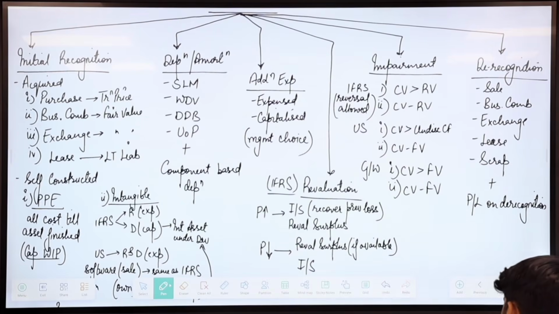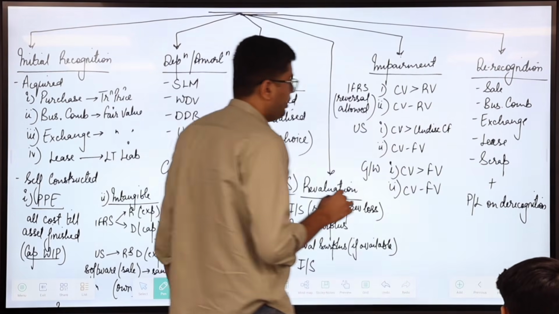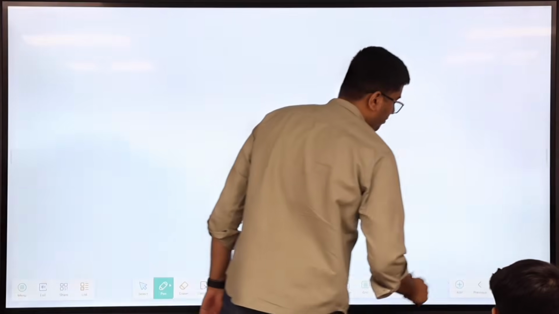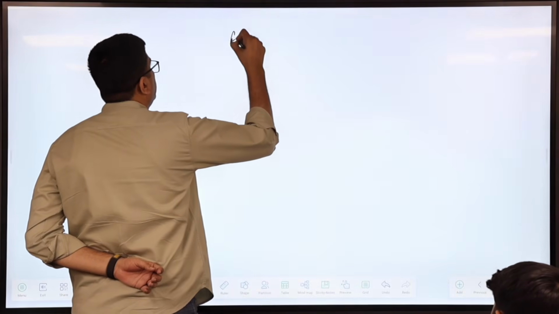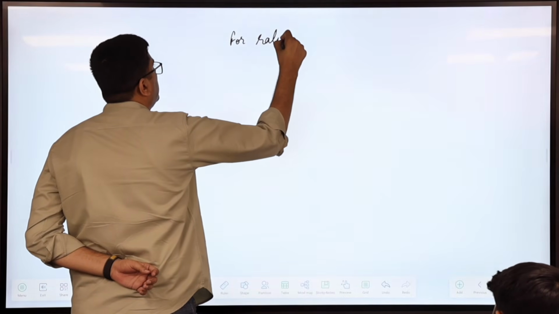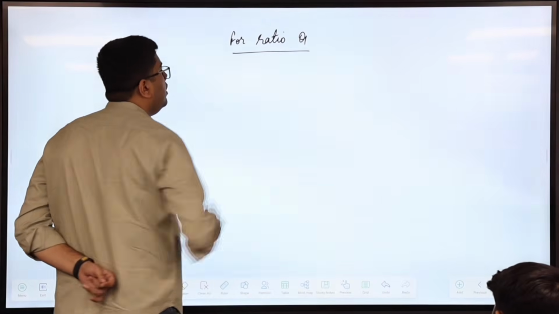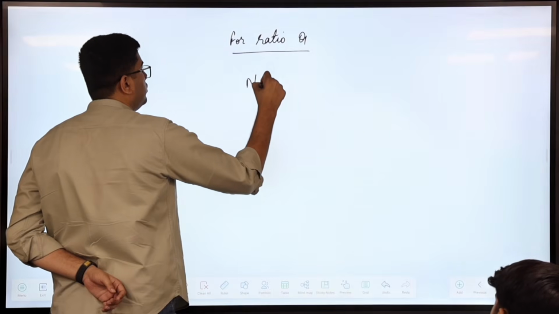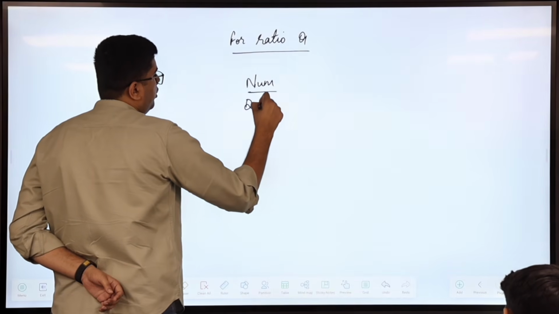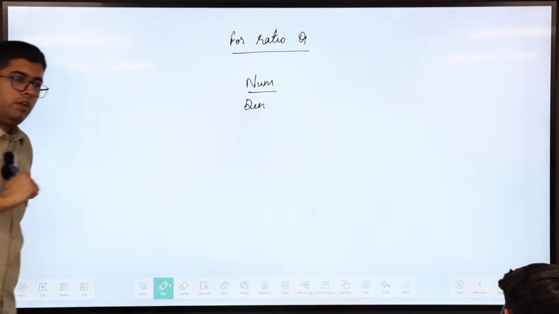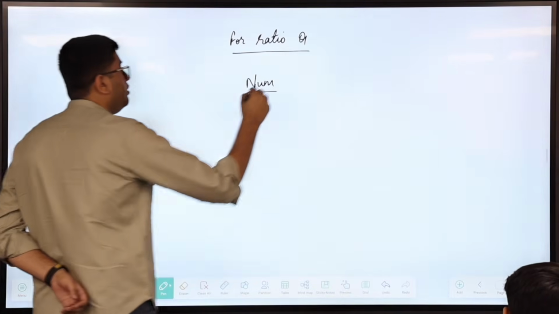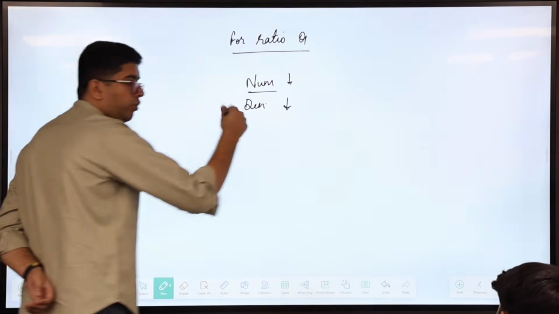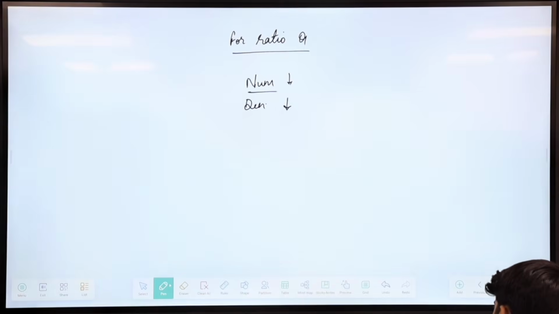So for ratio-based questions, one simple rule I will recommend is, if you get a question which has impact on numerator also and denominator also, and let's say the impact is both are going down or both are going up, which means you need some numbers to actually be able to figure this out. So in that case, two possibilities are there.